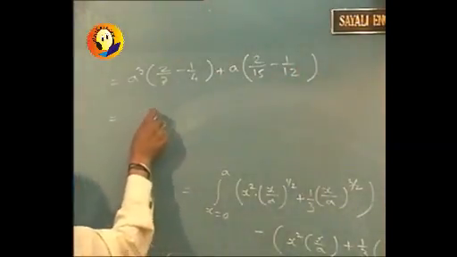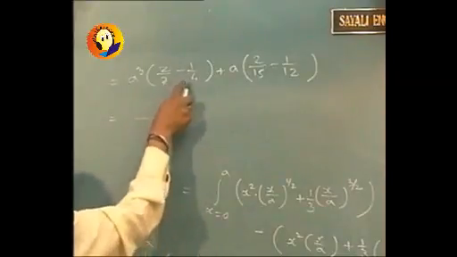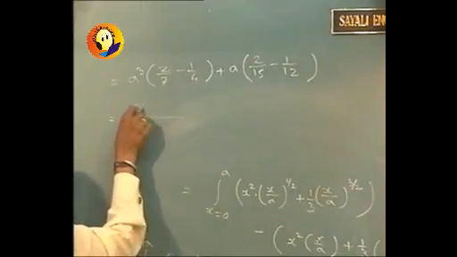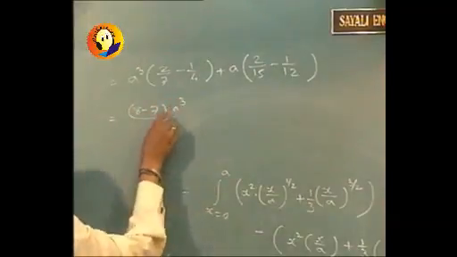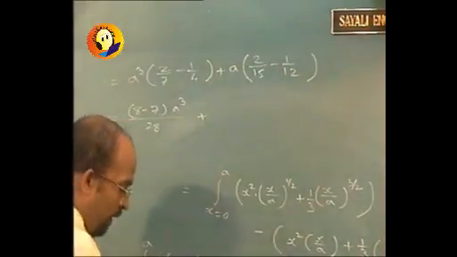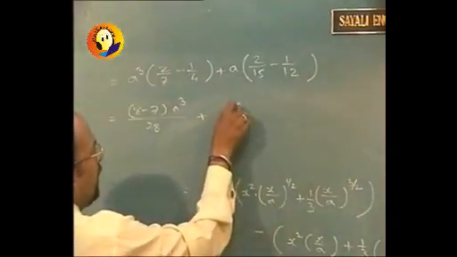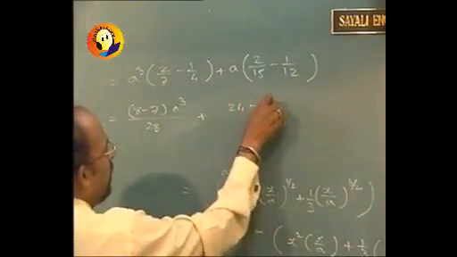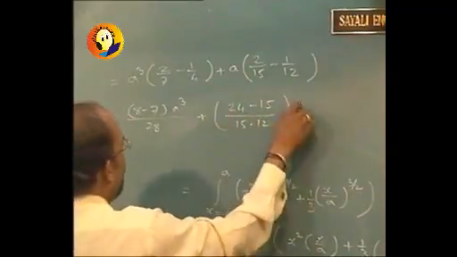So here we can take LCM and write the answer as 8 minus 7, a cube upon 28, and plus it will come out to be 24 minus 15 upon 15 into 12, a.